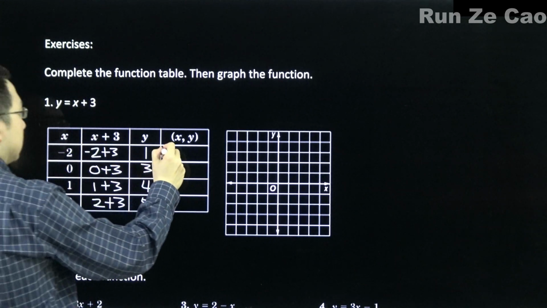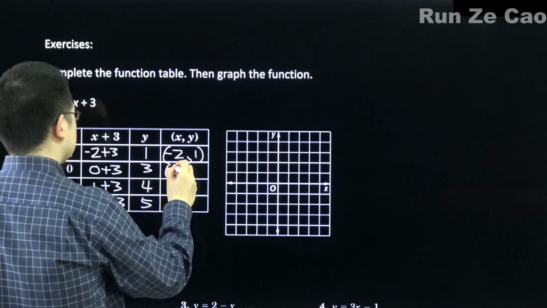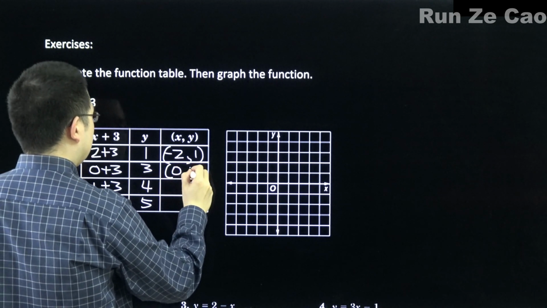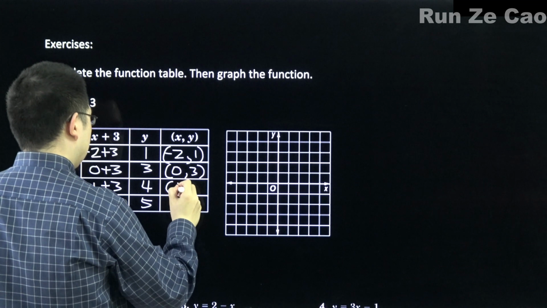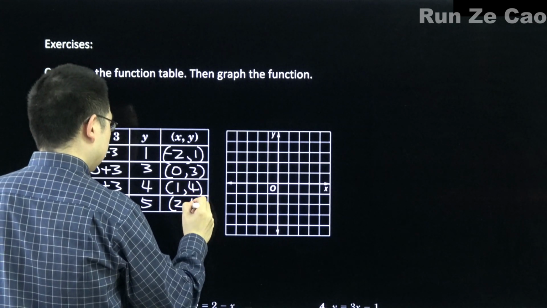And then that's x, y. The coordinates would be -2, 1; 0, 3; 1, 4; and 2, 5.